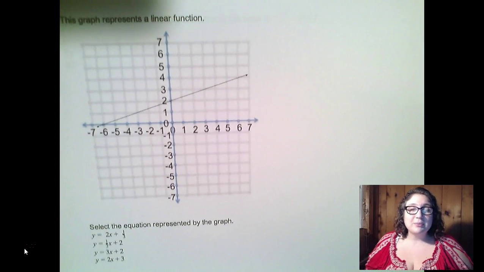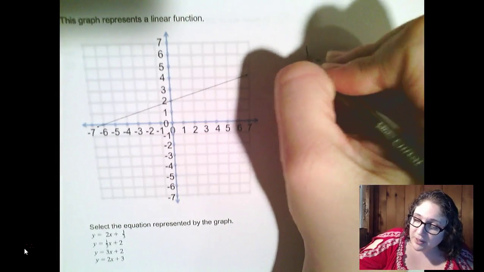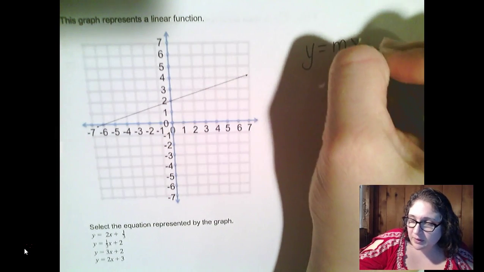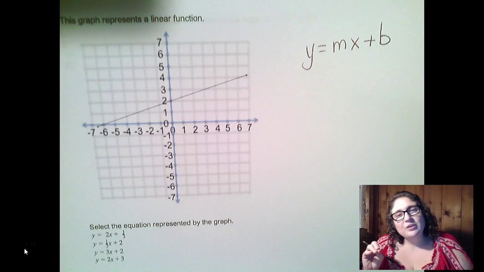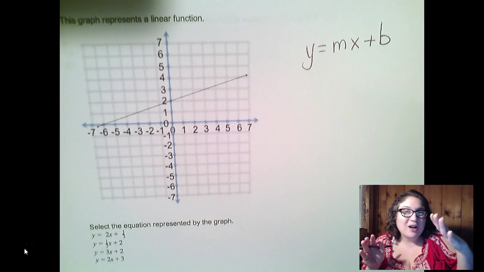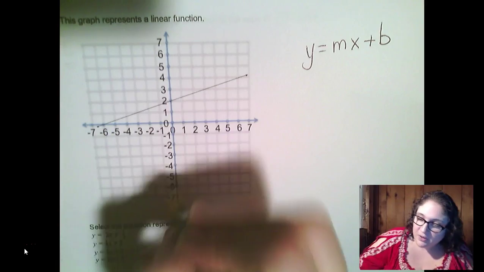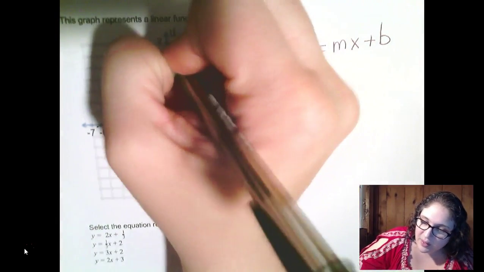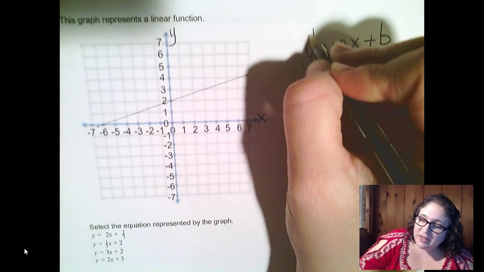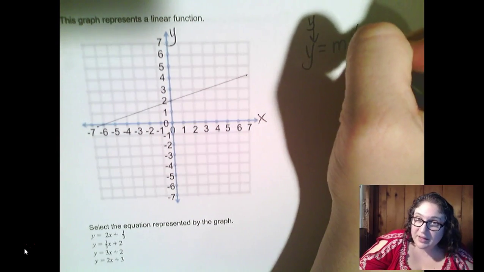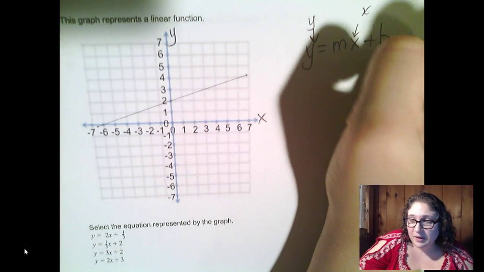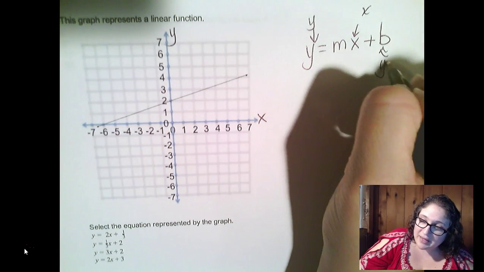Let's talk about slope-intercept form. Slope-intercept form uses this equation. We really can only use slope-intercept form when it crosses the y-axis. So remember, this is x, this is y. Right here, this stands for y. This stands for x. This stands for the y-intercept.